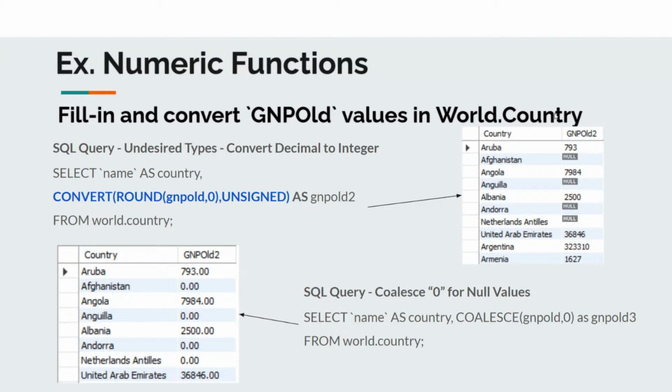Here you notice there are a bunch of nulls in the values for whatever reason in the GNP old column in the world.country table. So one thing you can do is select name as country, and convert inside this GNP old, from world.country.